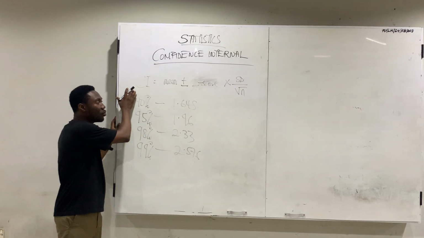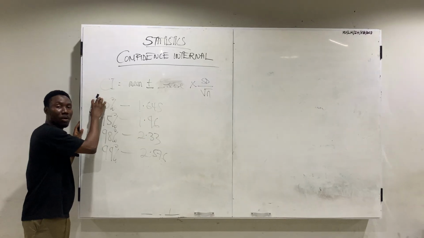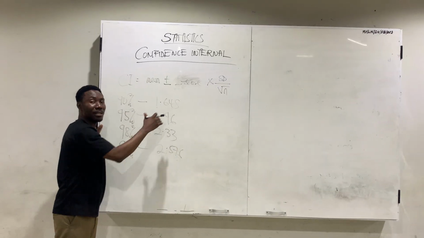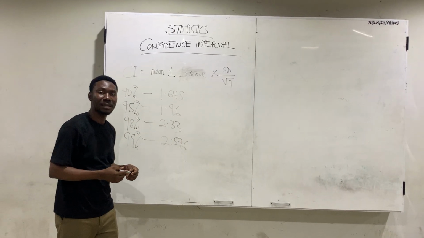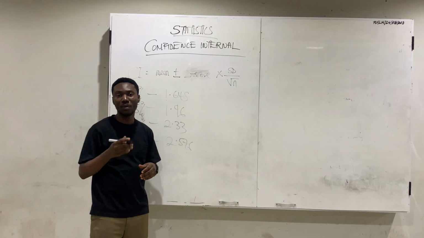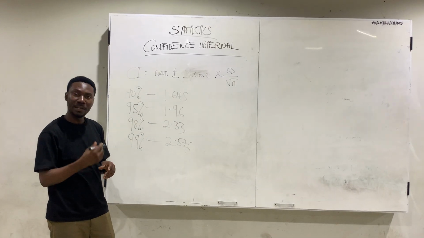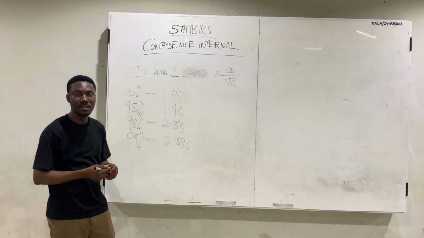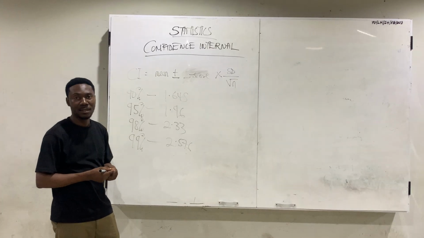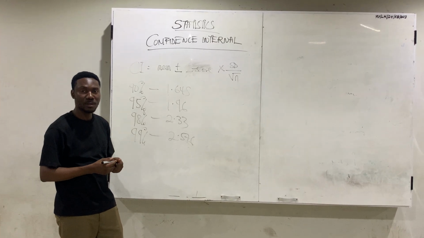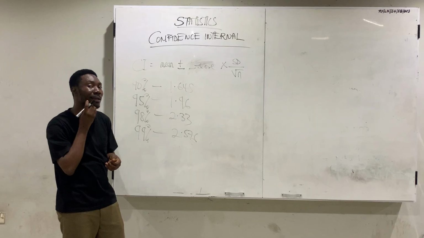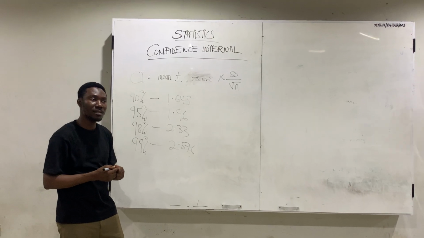So memorize the common confidence levels and their corresponding z-scores. 90% confidence, the corresponding z-score is 1.645. 95% confidence, it is 1.96. 98%, it is 2.33. And 99%, the corresponding z-score is 2.576.